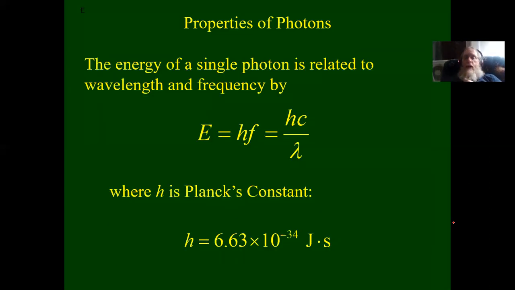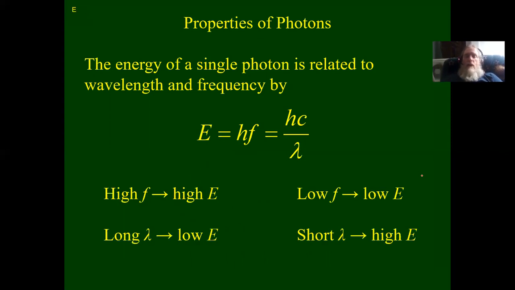Now, let's link photons to the wave properties. It turns out the energy carried by a single photon is equal to a constant known as Planck's constant, whose numerical value is given here, if you care. It's a fundamental constant of nature, times the frequency, or Planck's constant times the speed of light, which is also a constant, so everything up here is a constant, divided by the wavelength, if you'd rather think in terms of wavelengths.